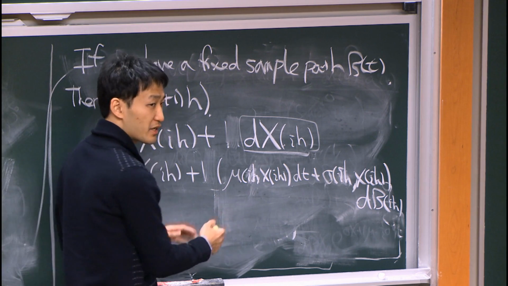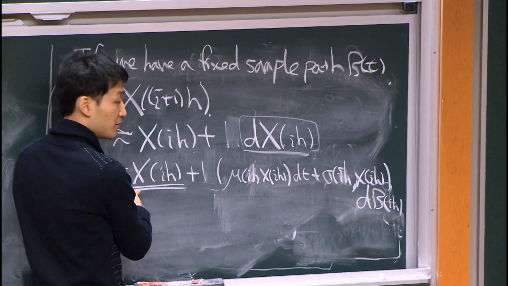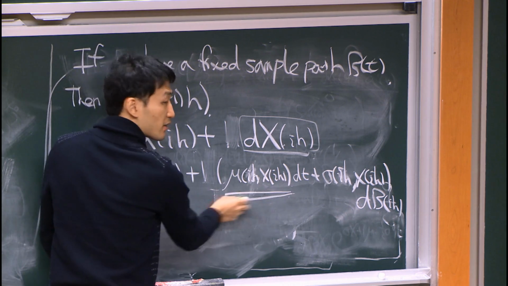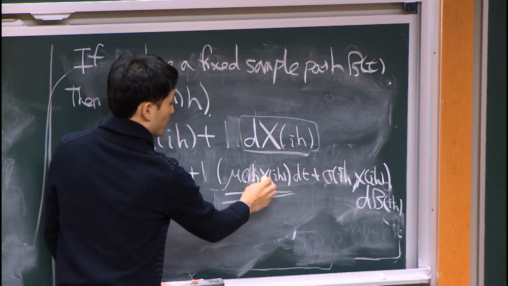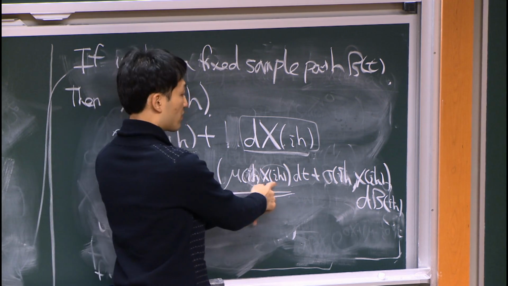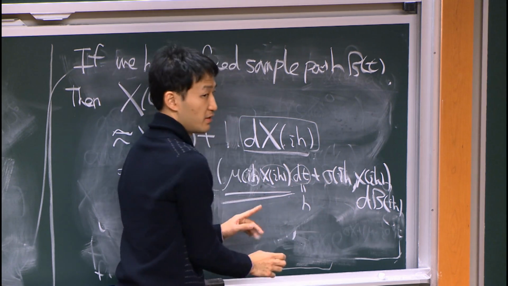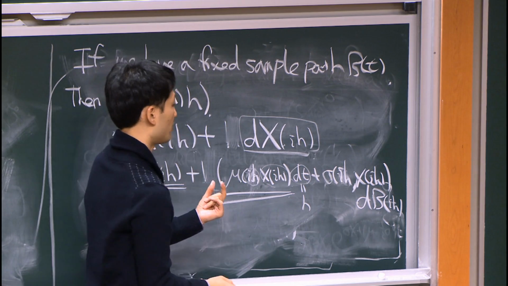And now we can compute everything. This one, we're assuming that we know the value. That one can be computed from these two coordinates, because we now have a fixed path x, we know what x of ih is. dt, we took it to be h, approximated as h, or time difference.